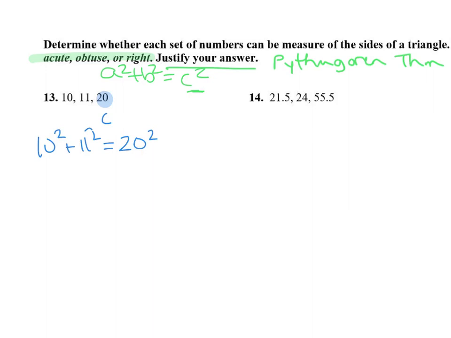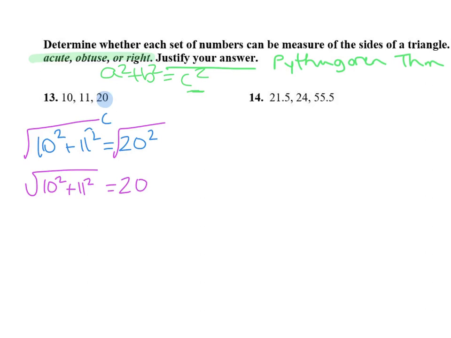Once again, depending on your preference will determine your next step from here. I'm going to go ahead and choose to take the square roots. So what I'm looking at is the square root of 10 squared plus 11 squared equal to 20. This is why I only have to input one thing into the calculator.